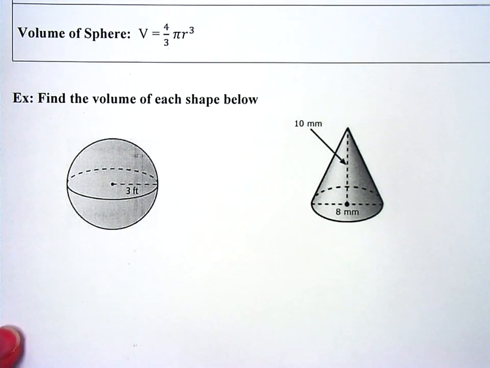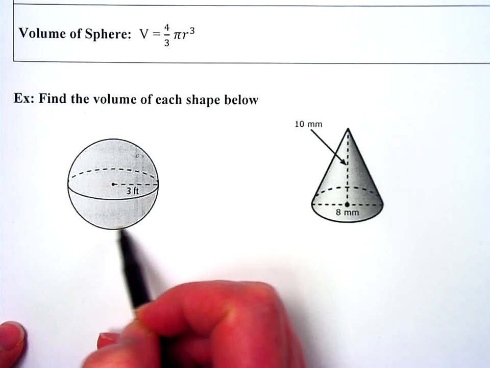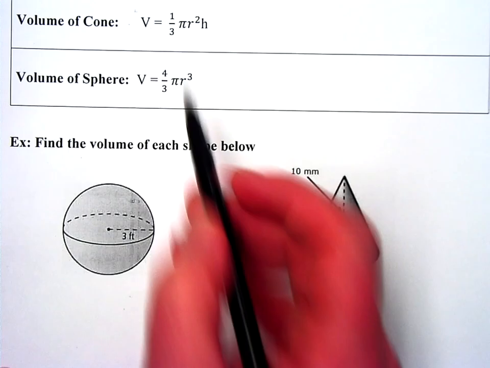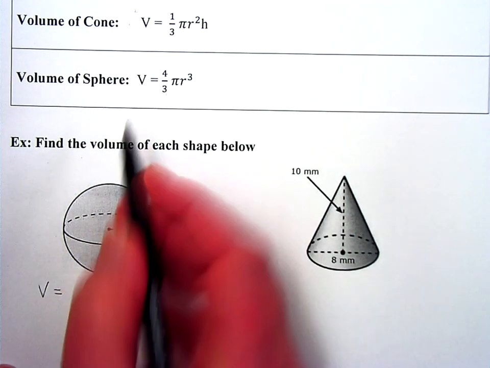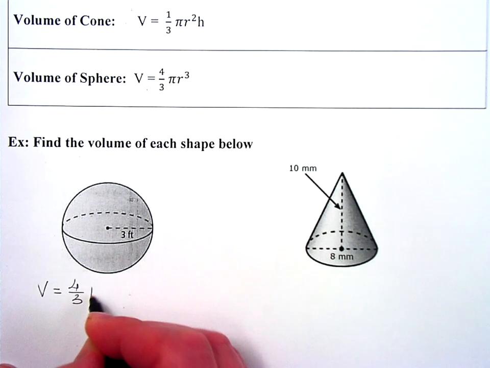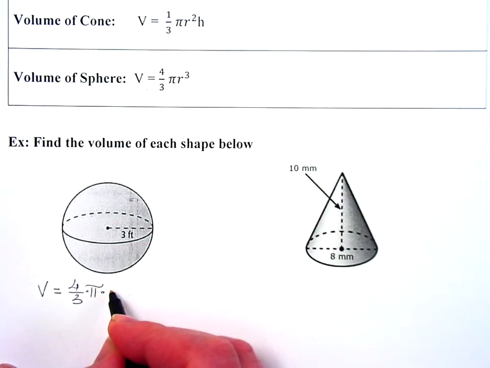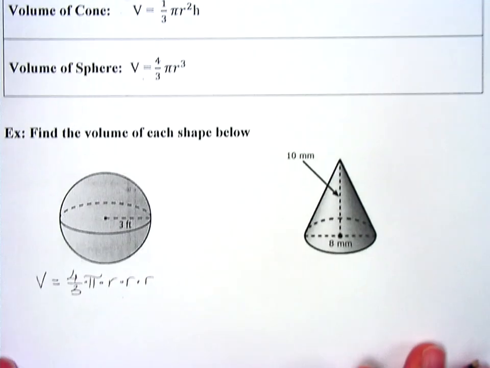So let's look first at the sphere. We want to find the volume of the sphere that has a radius of 3 feet. Now the formula from above, we know, is volume equals 4/3 times pi times radius to the 3rd power, which means radius times radius times radius.